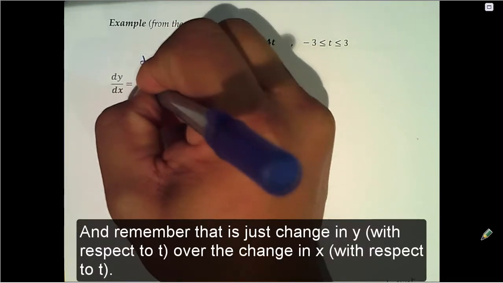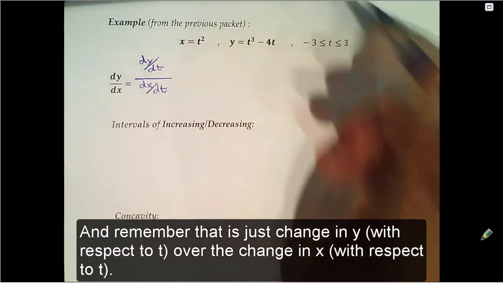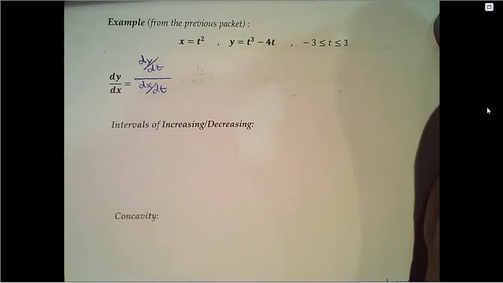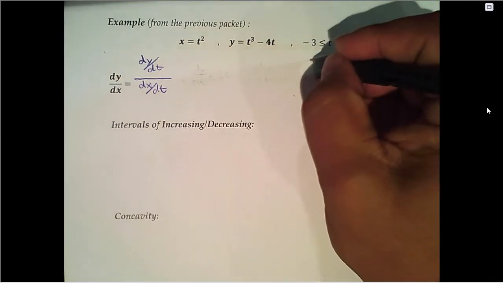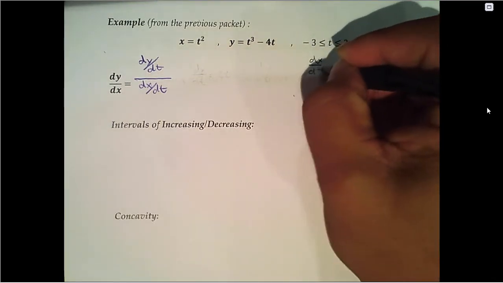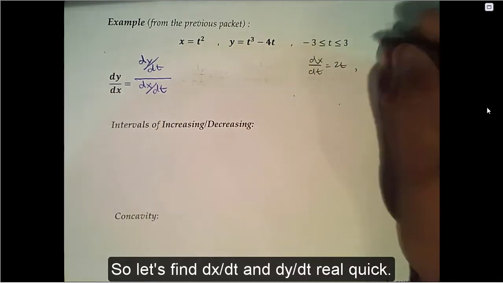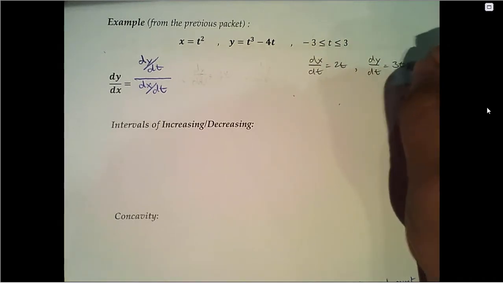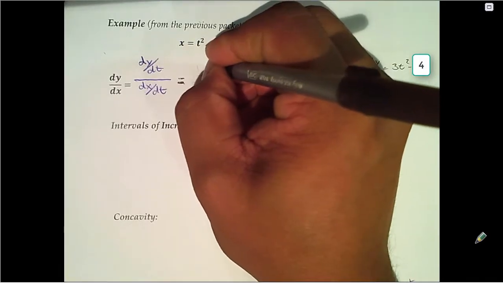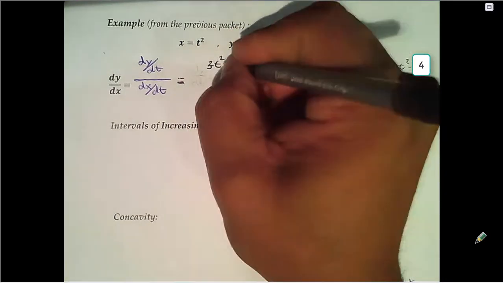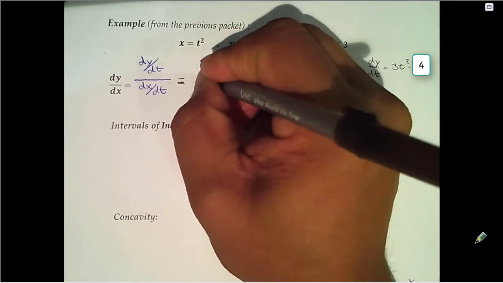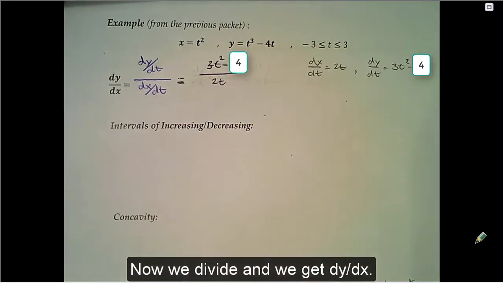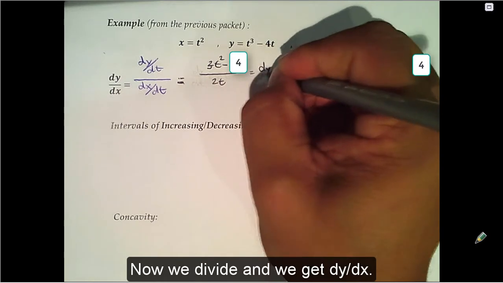And remember that it is just change in y with respect to t over change in x with respect to t. So let's find dx/dt and dy/dt real quick. Now we divide and get dy/dx.